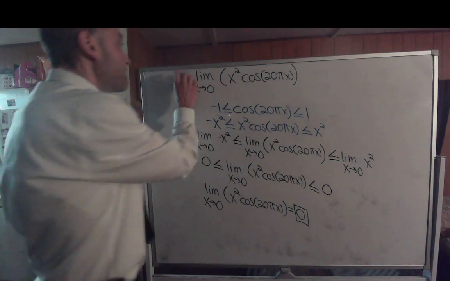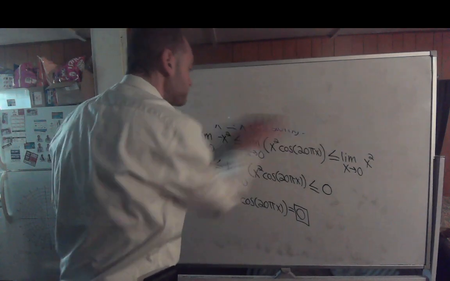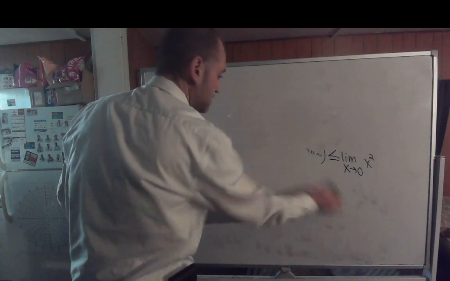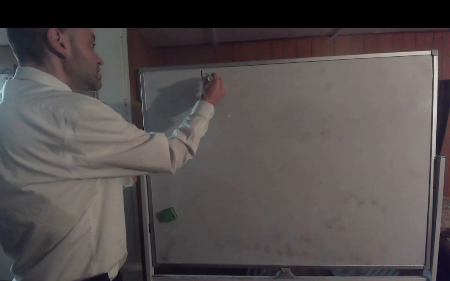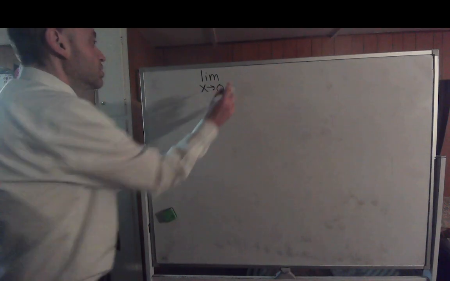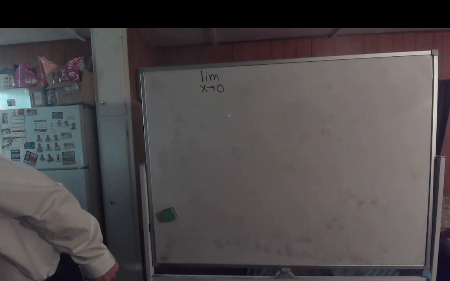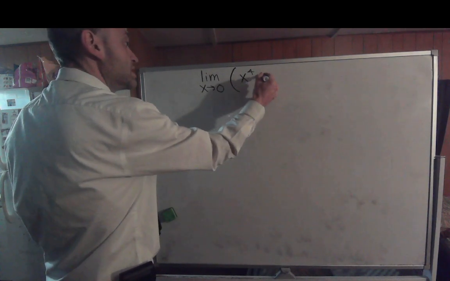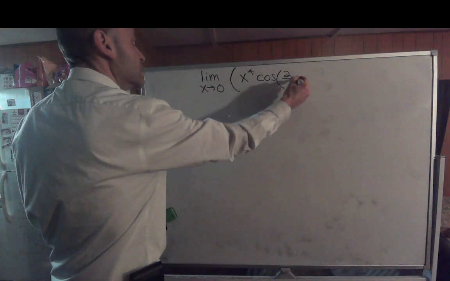Let's do one more. One more, then we're done. All right, so let's take the limit as x approaches 0 of this function, x to the 4th times the cosine of 2 divided by x.